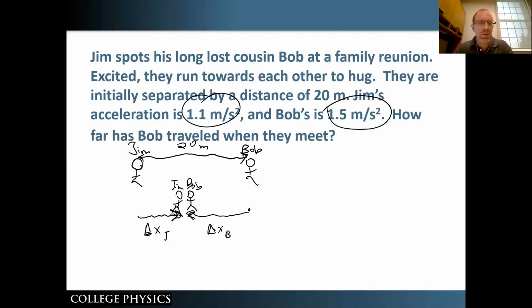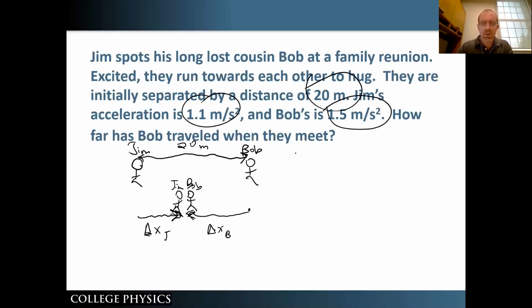The other thing we know is that they both start out from rest, and we're given the sizes of their accelerations. So just keep all that in mind, along with the 20 meters there. Our next step on any problem is to define the positive direction.